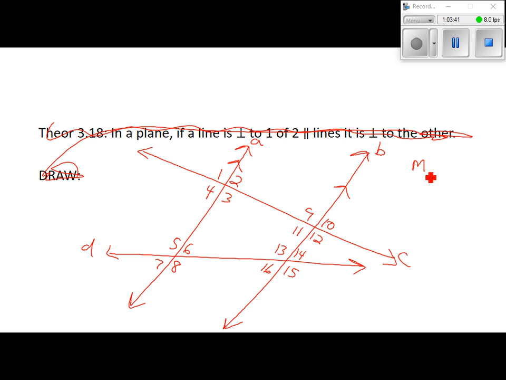The other thing I want you to write down: the measure of angle 4 is 102 degrees.